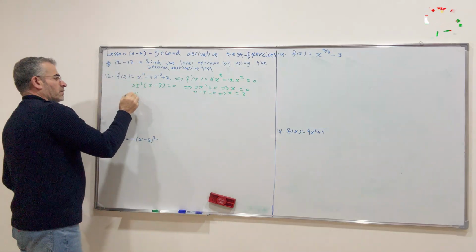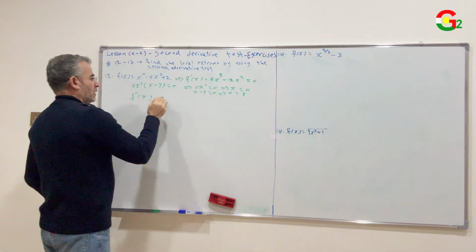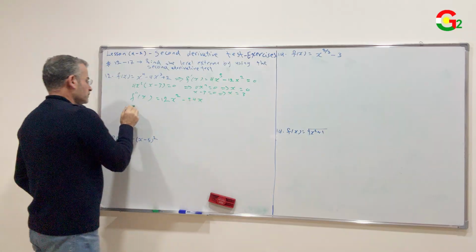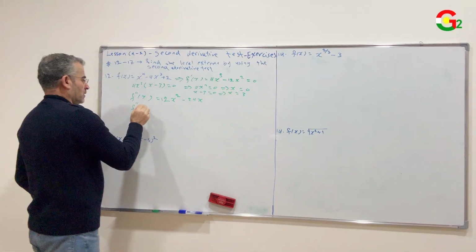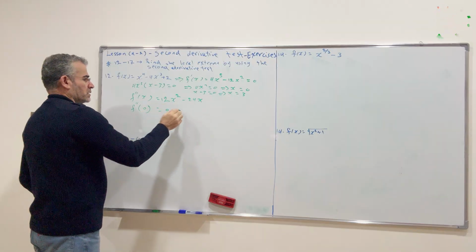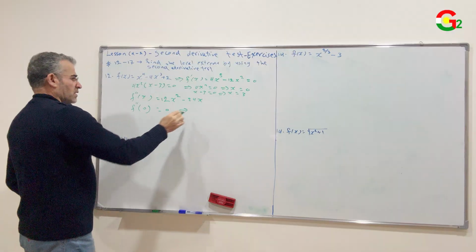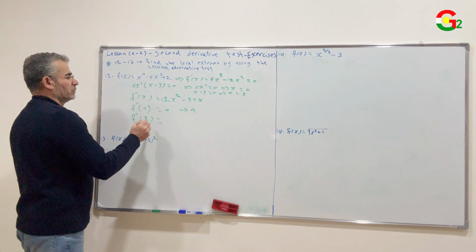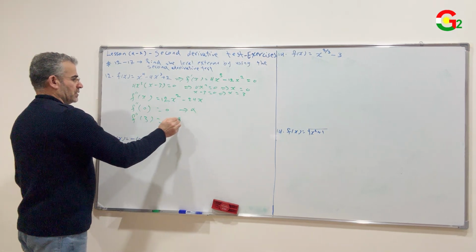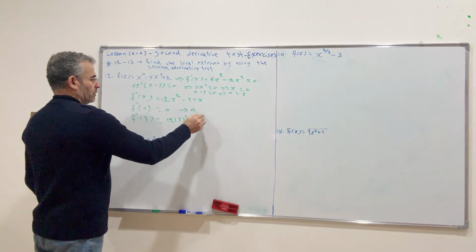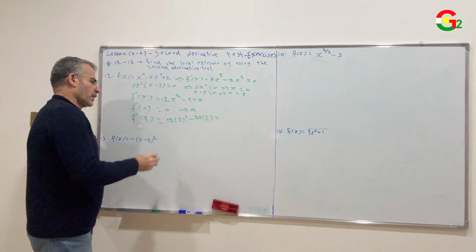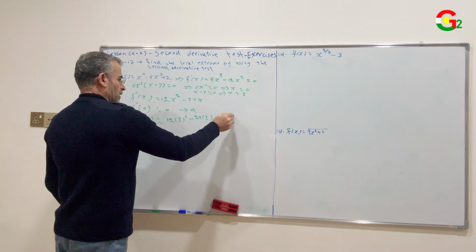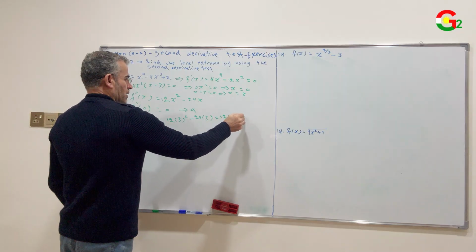Find the second derivative of this function, 12x squared minus 24x. f double prime of 0 equals 0 minus 0, which is 0, so the second derivative test fails at this point. f double prime of 3 equals 12 times 3 squared minus 24 times 3, which is 12 times 9 greater than 24 times 3.